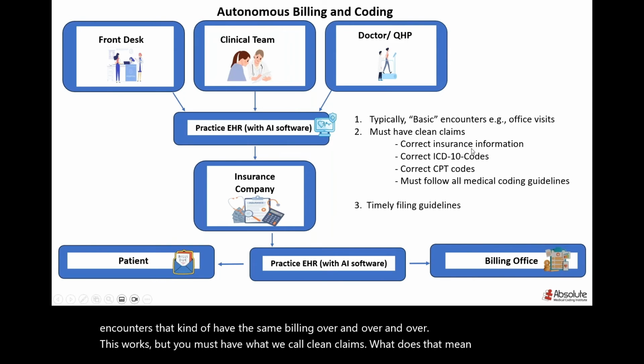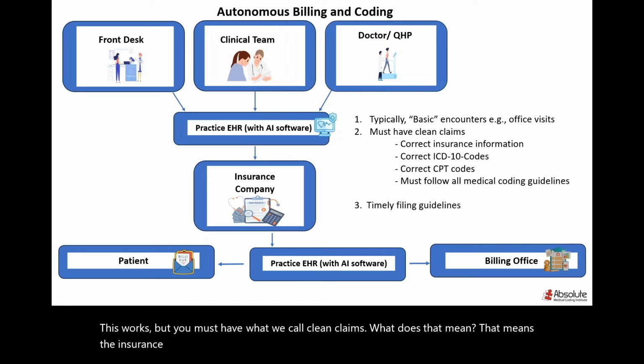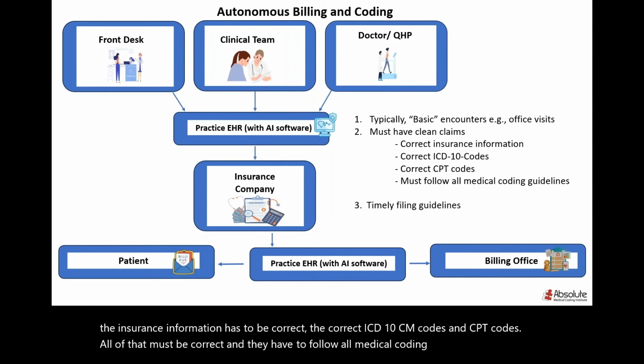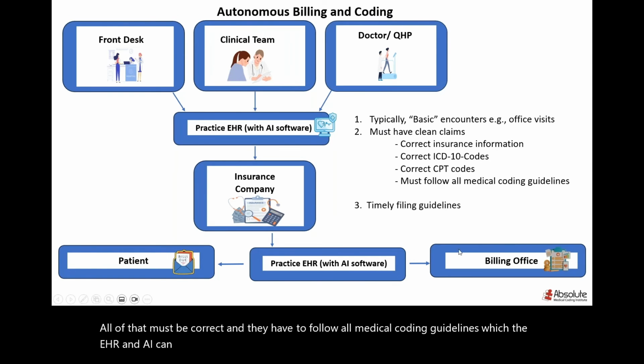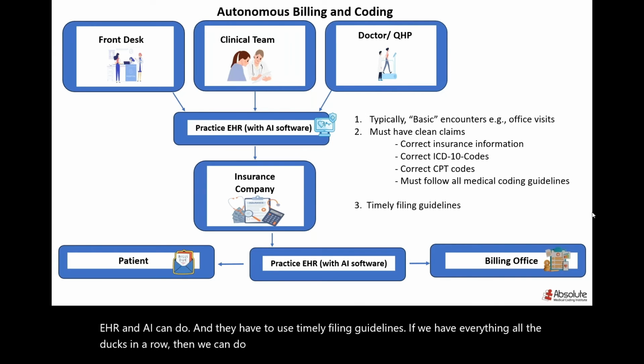That means the insurance information has to be correct, the correct ICD-10-CM codes and CPT codes, all of that must be correct. And they have to follow all medical coding guidelines, which the EHR and AI can do. And they have to use timely filing guidelines. If we have all the ducks in a row, then we can do this autonomous billing with AI. No problem.